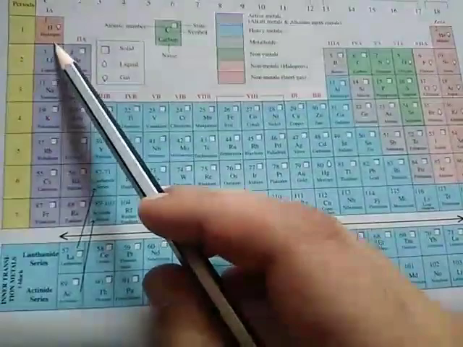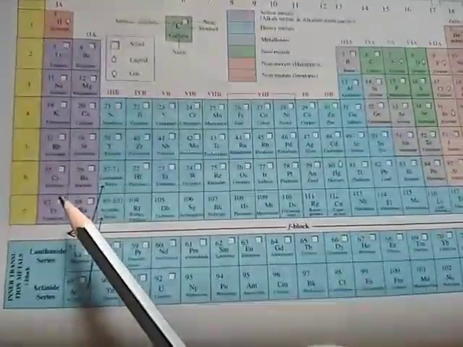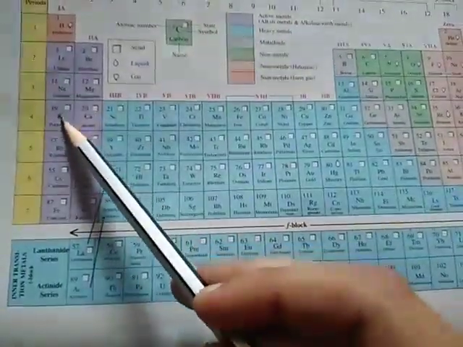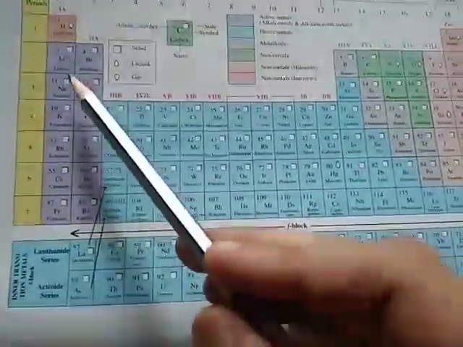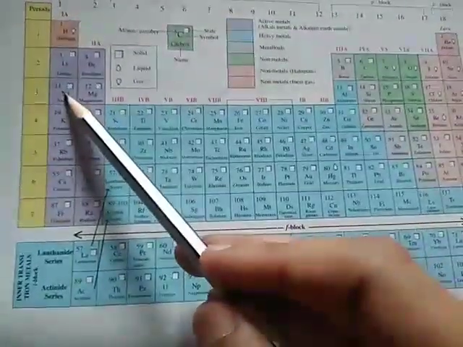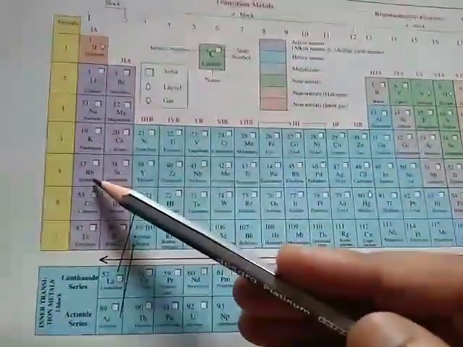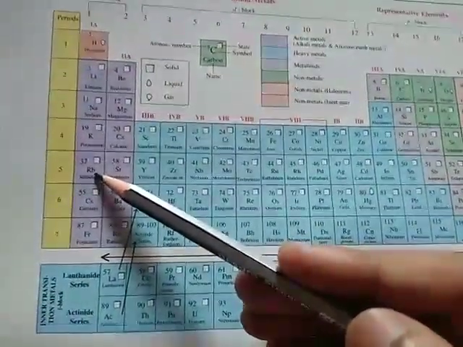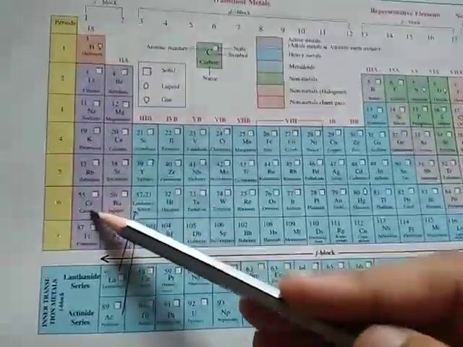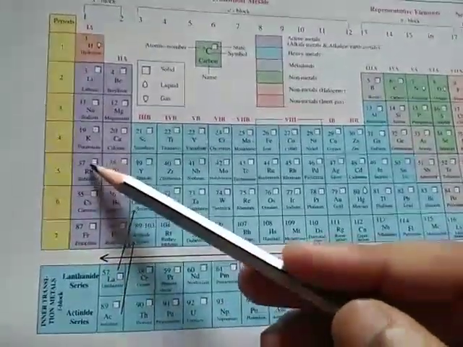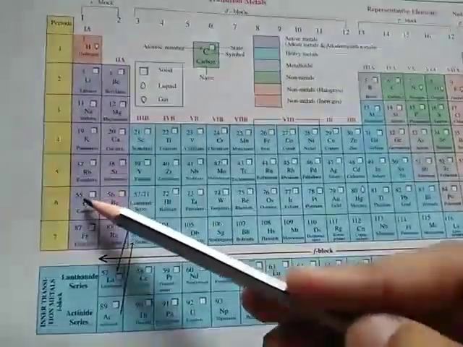Now when you are moving down the group, the ionization enthalpy will decrease. Why? Because down the group the size is increasing, and the nuclear charge compared to the upper one is also increasing, but the increase in size is very much, and hence the effective nuclear charge which will hold the outermost valence electron will be less.